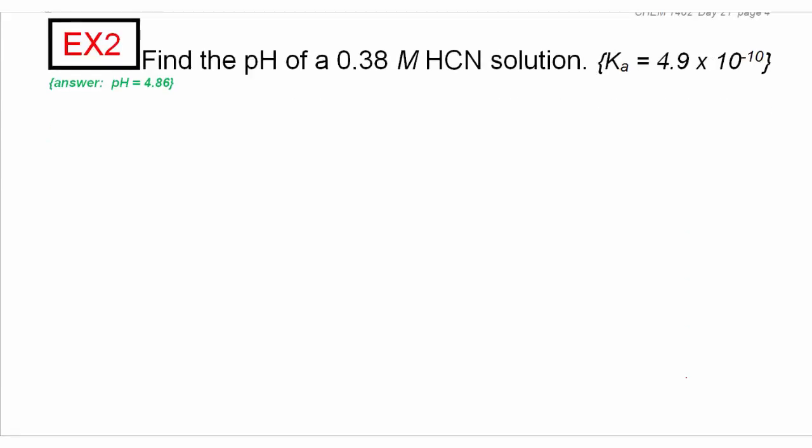Let's try this again. Find the pH of a 0.38 molar hydrogen cyanide solution. Ka is 4.9 times 10 to the negative 10. So write the Ka reaction, do ICE, see if you can get the hydrogen ion concentration.